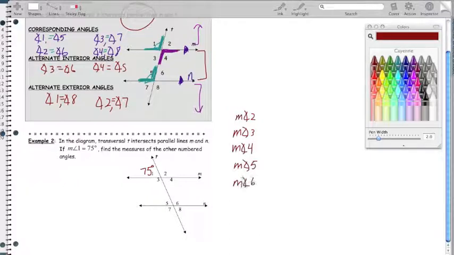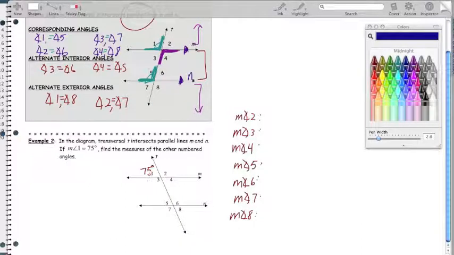Now, you're not going to have to do this for every single one, but as I explain this I'm going to go through and explain why they are what they are and write it in. Typically though, if you're asked to find the missing values, you can just write them in unless the directions say to explain or justify your reasoning. So let's take a look.